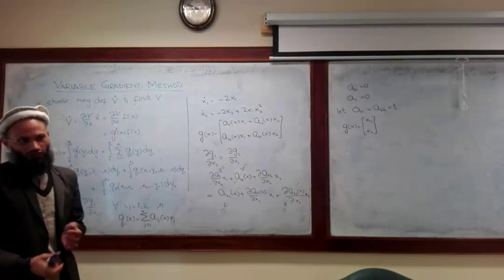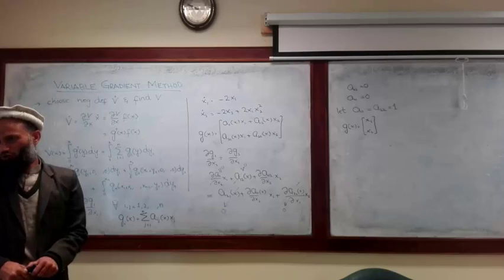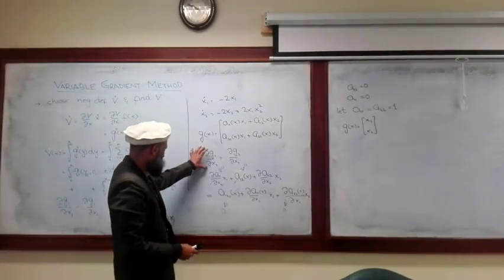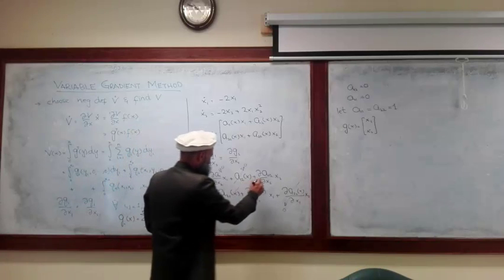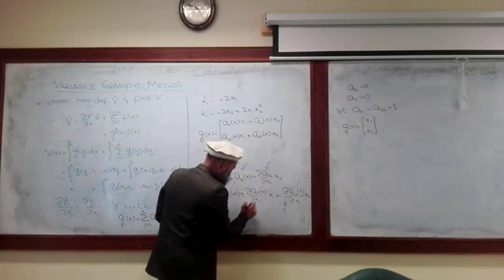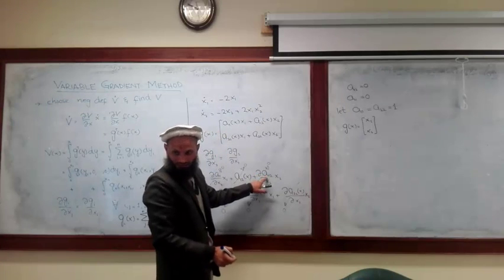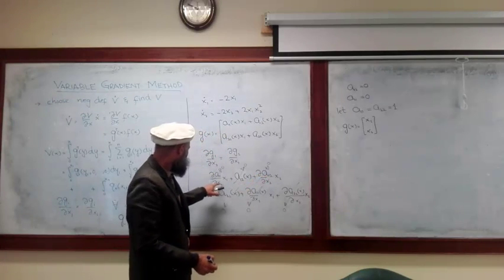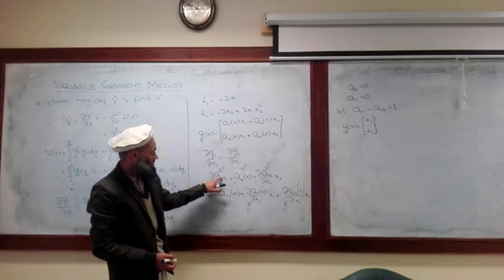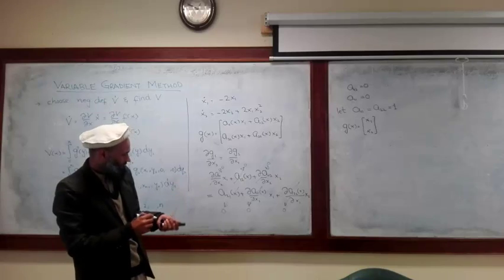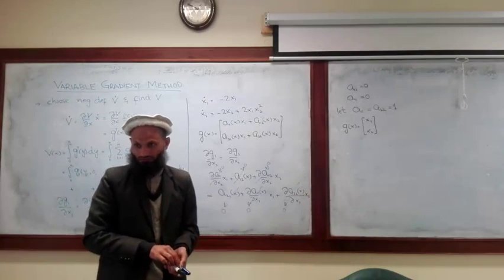If it will not work, we shall move on to more complex situations. We have satisfied this requirement. All the terms are 0. This is also 0 because a12 has been selected equal to 0. This is 0 because derivative of one constant with respect to x1 is 0. So 0 equal to 0 is achieved.